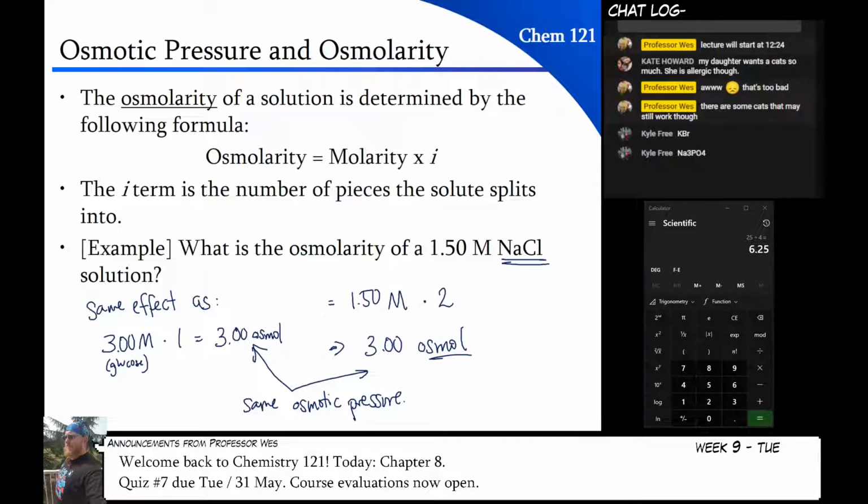Let's see if we can. I typed in fine print and I got a bunch of pictures of wall art, and they're all IV bags. So, IV bag. Trying to find one that is big enough that it actually says the osmolarity. I actually have one of these on my desk at work for this reason.